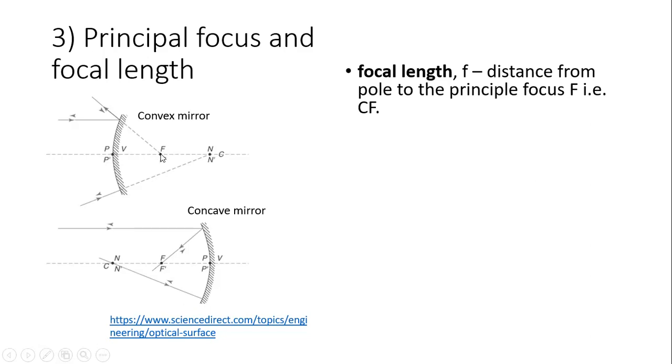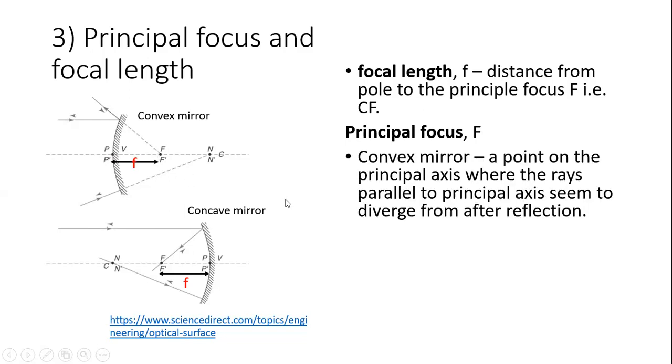That's your principal focus, F. For a convex mirror, the focus is behind the mirror. For a concave mirror, if you think of a curved surface, a sphere, the center of curvature is here, so the focus is here, between C and P. So that's your F. The important thing: that's your principal focus F there.